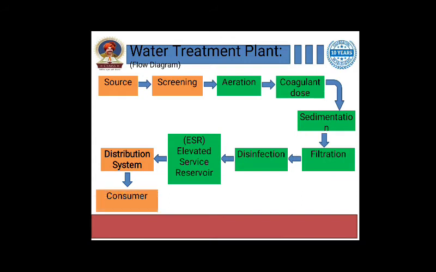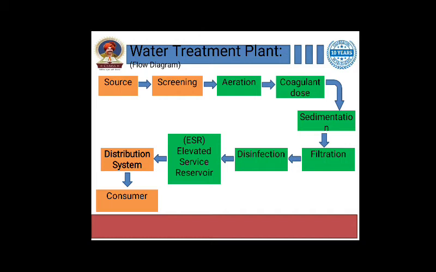So once again have a look, or we will revise it. We will collect the water from the source, then pass it through the screen bars, then we will pass it to the aeration tank where oxygen in the water will improve and pathogenic bacteria are killed. Then we will add the coagulant dose. This coagulant dose will help in the sedimentation process.